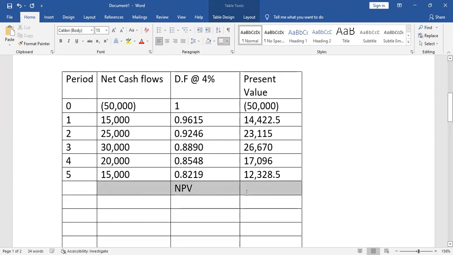Now I can find my NPV, and it is very simple. I'll simply add all the positive cash flows, these ones, and remove this negative cash flow, the 50,000.